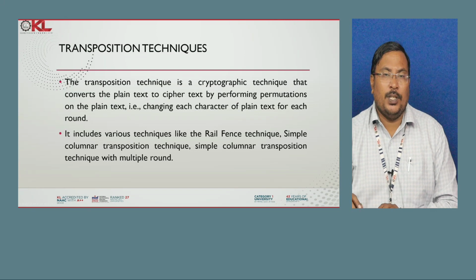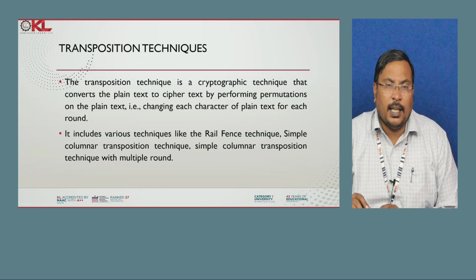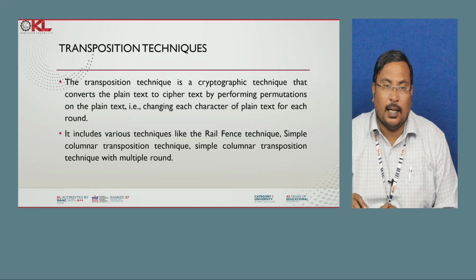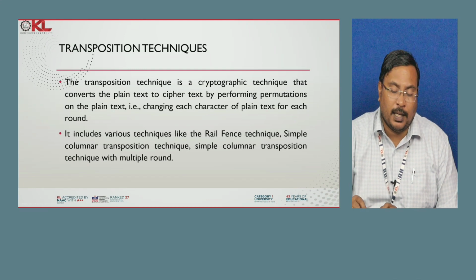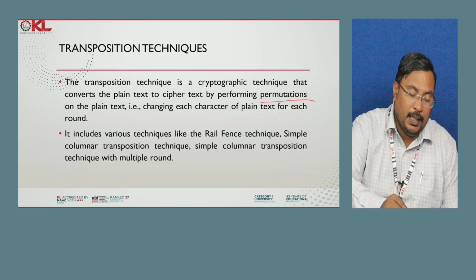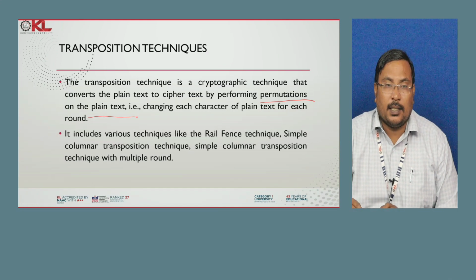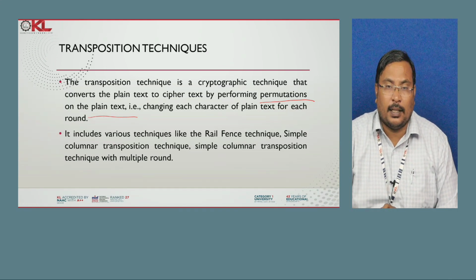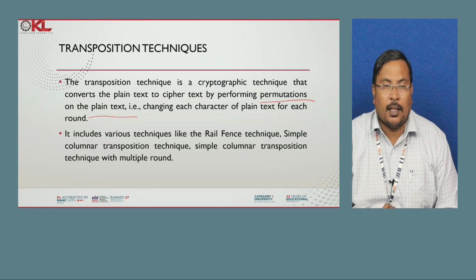Next, transposition technique. The transposition technique is a cryptographic technique that converts the plain text into the ciphertext by performing permutations on the plain text. That means exchanging the characters from one position to another position.